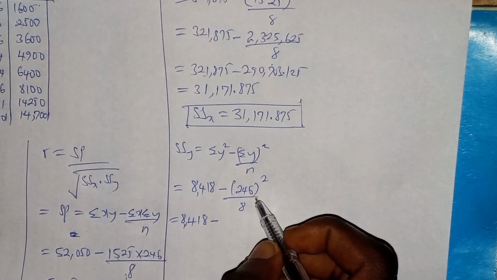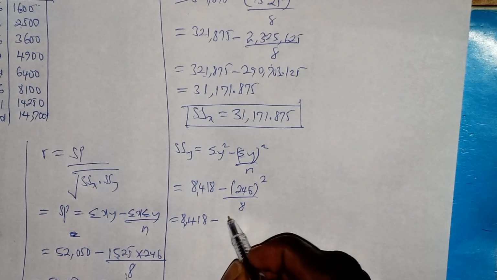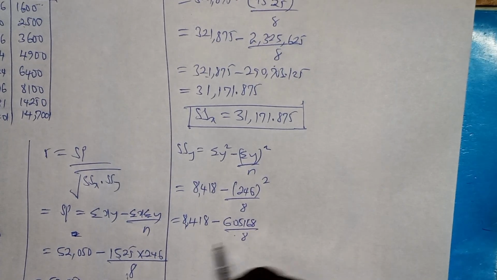Square of 246, we get 60,516, then over 8.